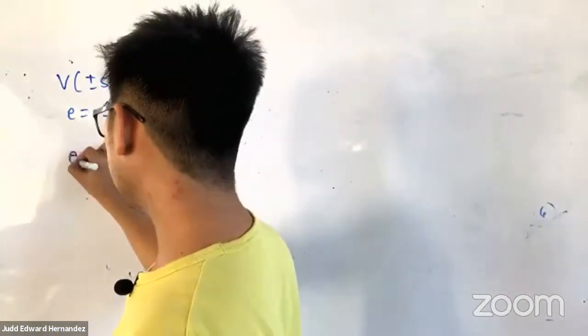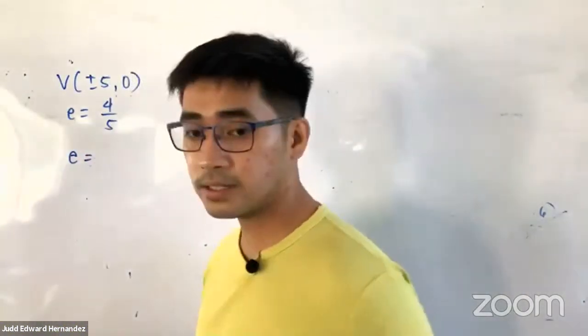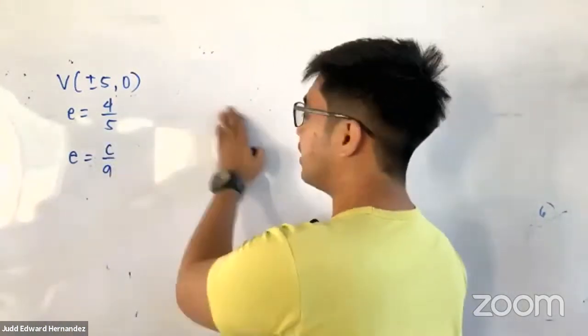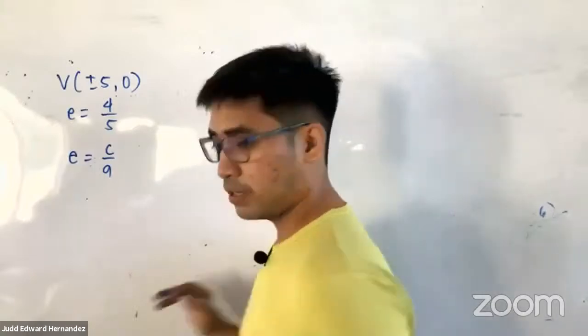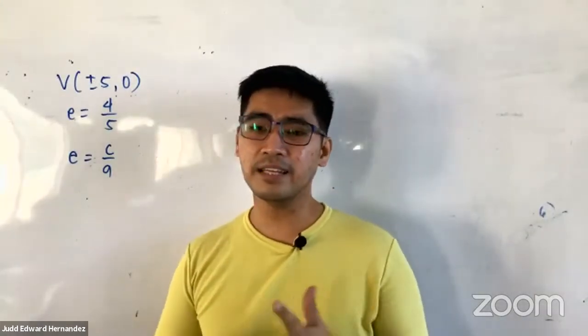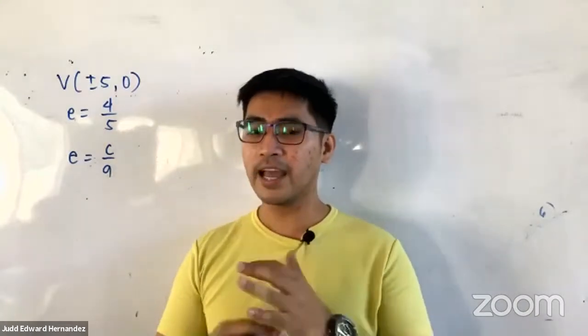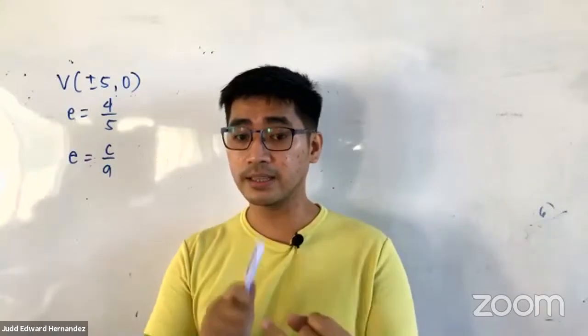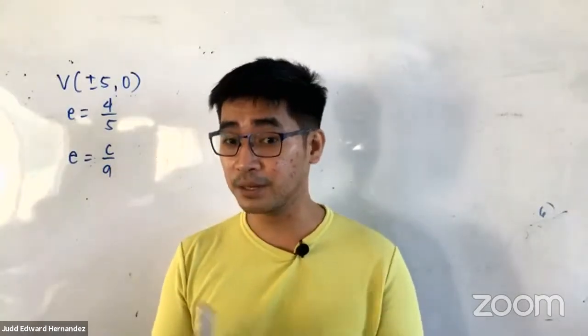So, pag sinolve natin to, remember, ano nga ulit yung formula ng E natin? The formula for E is C over A. Okay. Guys, binigyan tayo ng 4 over 5. Do not be confused. Kasi pwedeng ang binigay sa atin is in lowest term. Kaya hindi natin agad pwedeng sabihin that that is the value of C, that is the value of A. Maliwanag ba?